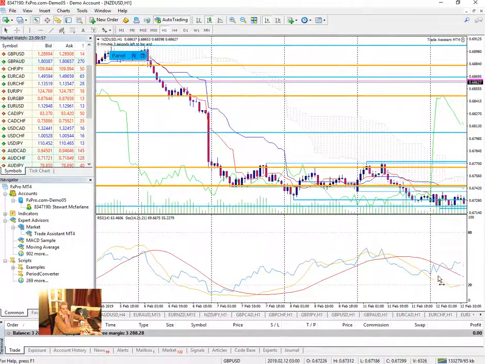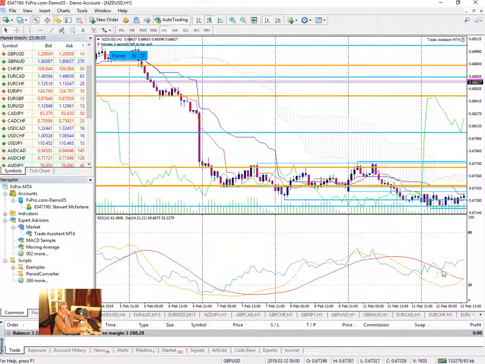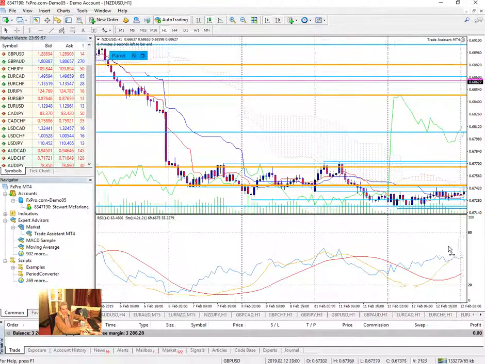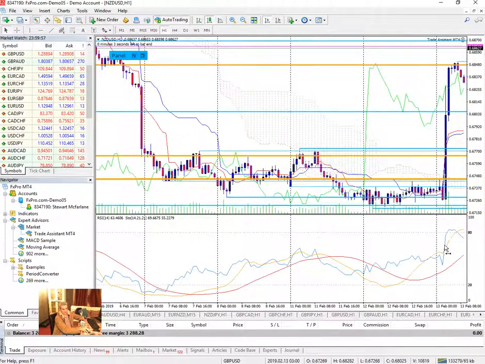Yeah, and look, it's all over. Although at this point, when this is passing up here and the blue line's up there, that for me is a bullish signal. Yeah, there you go.